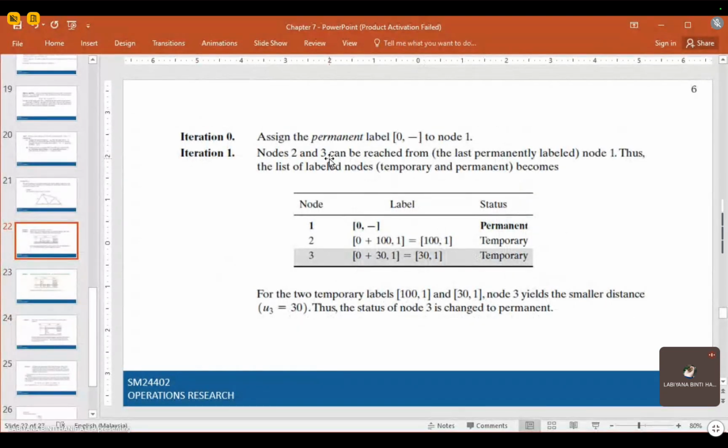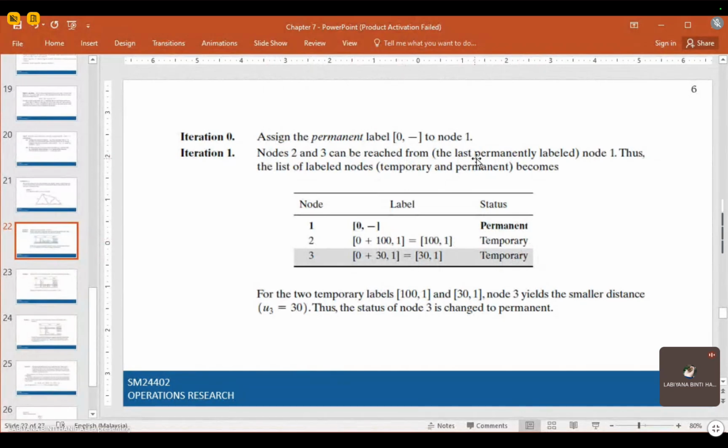So in the first iteration, node 2 and 3 can be reached from the last permanent labeled node 1. Thus, the list of labeled nodes, temporary and permanent, becomes this one. Node 1 will be our permanent. The next nodes 2 and 3 will be our temporary.